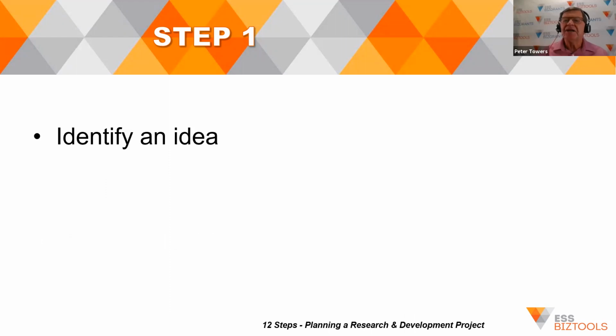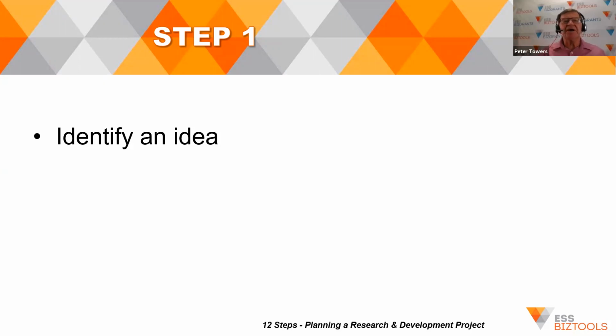Step one is an idea needs to be identified. This is done by the person who's undertaken the research. They may have been undertaking some tweaking in their workshop or their garage during the lockdowns that we've had in the last 14 months because of COVID-19.